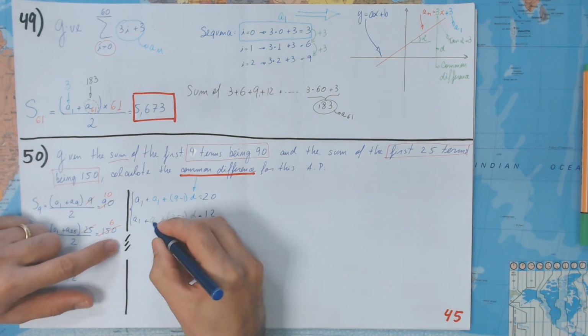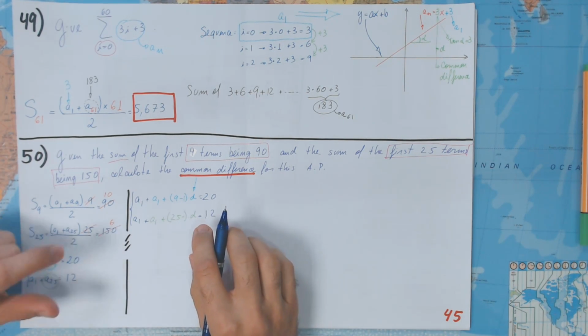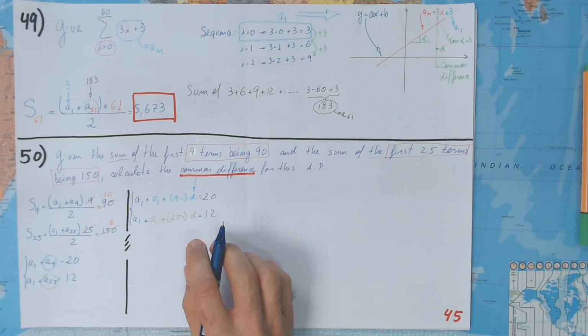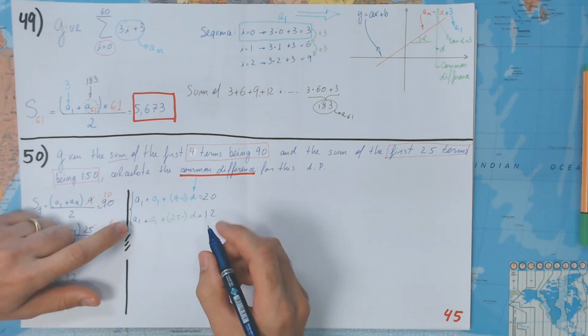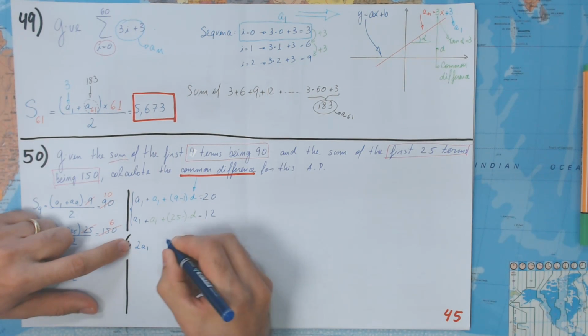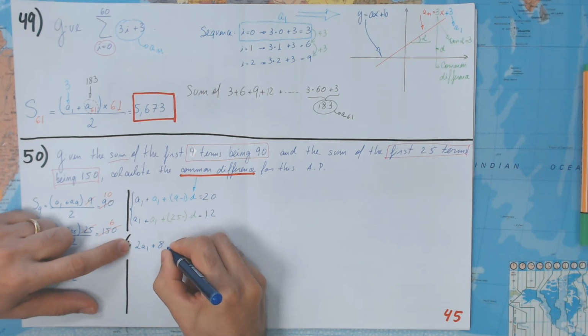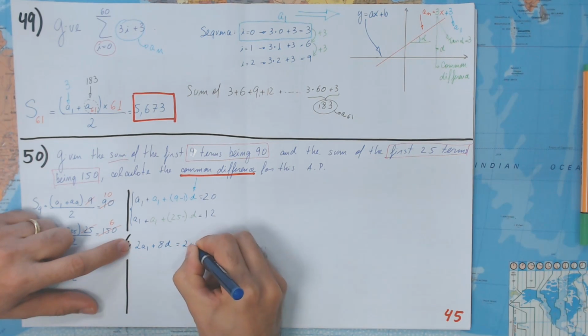Now I'm going to solve this in a different way. If you say, okay, it's a regular system, I know how to solve it, I'm going to do it a little bit different this time. Now, what is going to be 2a1 plus 8d equals 20.